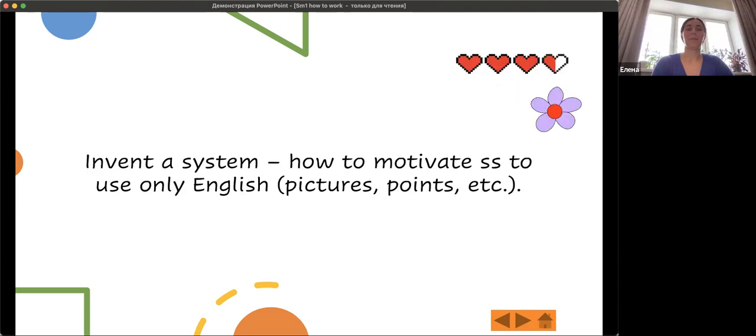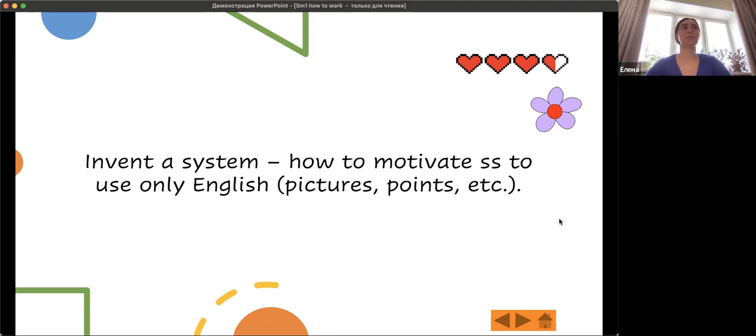Okay. Then, if you want your students to speak English, you need to invent a system to motivate them, because it's not their language. They don't know it. Why should they use it? So try to think how to motivate them. Well, I know that some teachers use stars or hearts, like in a game.